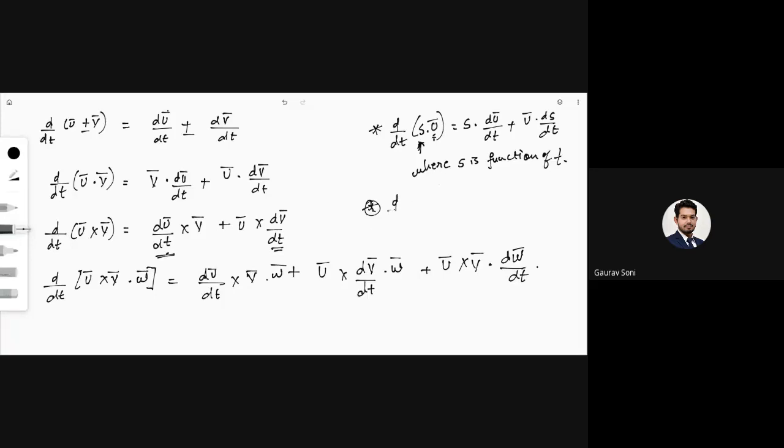So d by dt of u bar upon s is equal to s into du bar by dt minus u bar into ds by dt, upon s square.